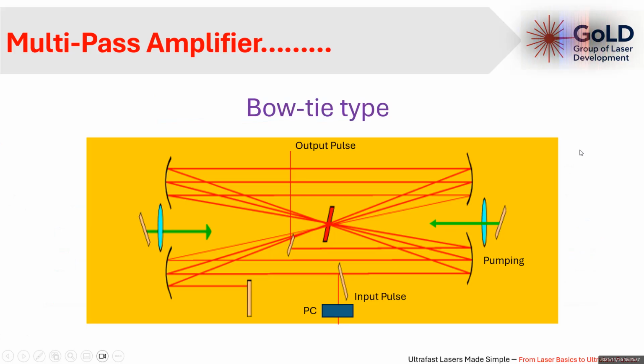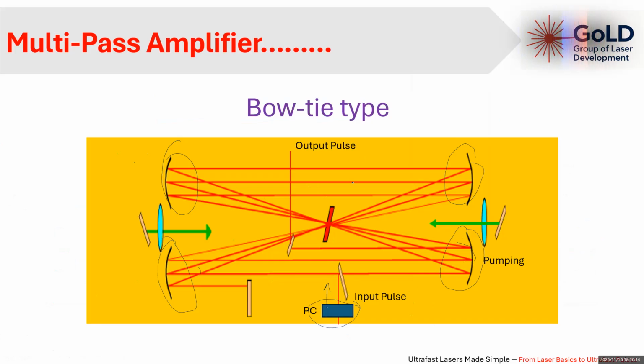After that, this is bow tie type. Bow tie type is not a ring type. So what exactly happens here? If you see here, this is the input, and this is a Pockels cell which decides the pulse. Then from here these are the concave, curved mirrors, and sometimes we need to use a plane mirror as well.